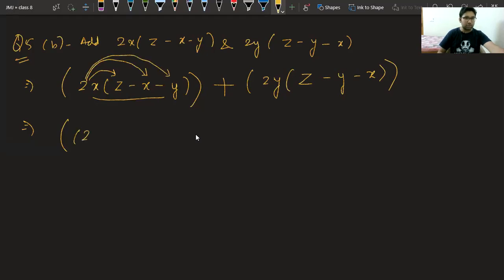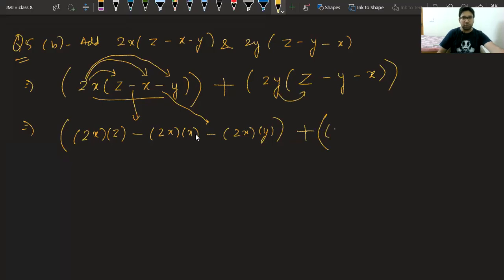So 2x into z, then minus sign will come. Then again 2x into x, again minus sign will come. 2x into y. Then we have a plus sign. Our next one is this, 2y into z, then minus sign will come, 2y into y, again minus sign will come, 2y into x.